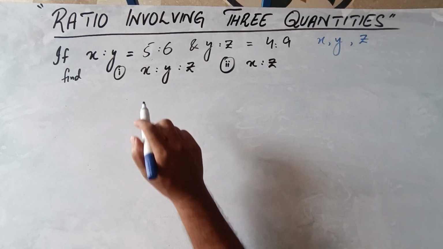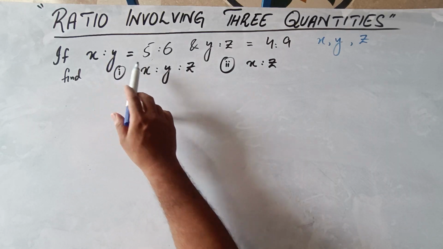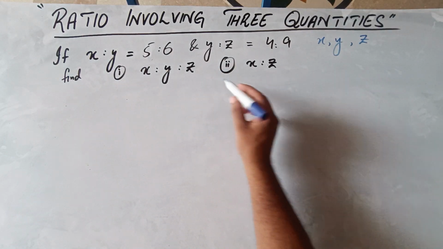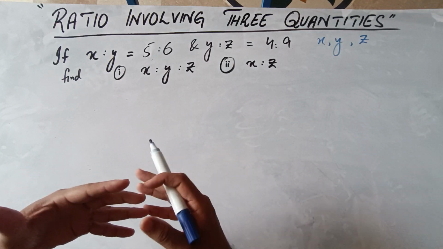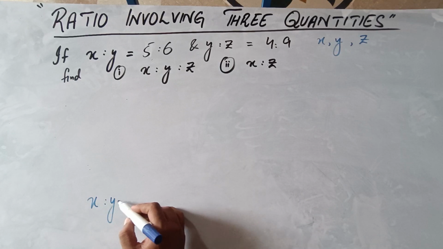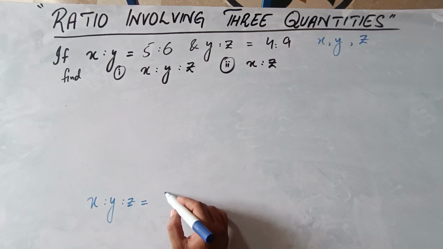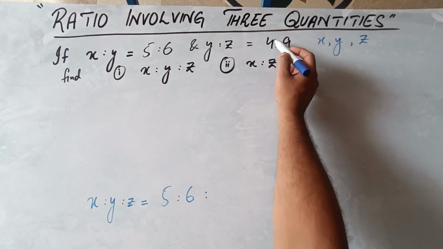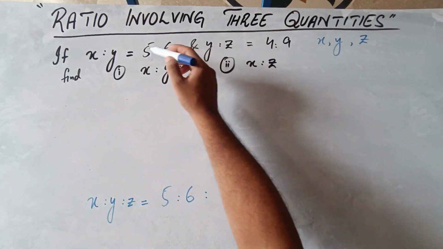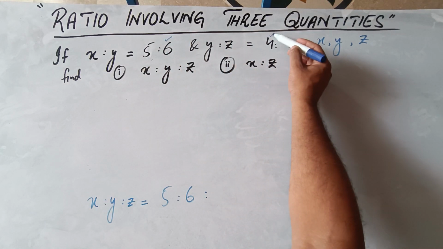So x ratio y ratio z, they are asking us to find the connection between them. We cannot connect them directly together. For example, we cannot link them like x ratio y ratio z is equal to 5 ratio 6 ratio 4 or 9. Why? Because over here the value of y is 6 and over here the value of y is 4.